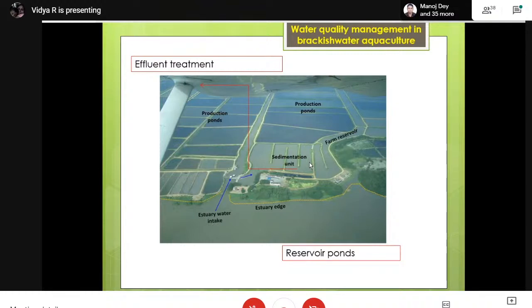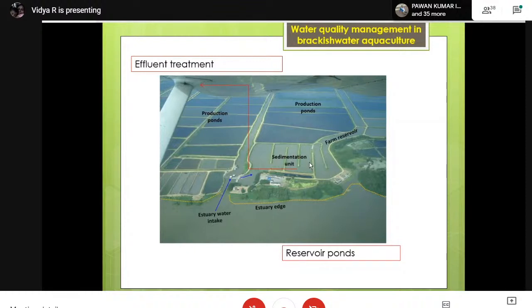Then from there, the clearer water will be taken to a reservoir that will feed the production units in the shrimp farms. In the reservoir pond, the water is given treatment, and only the treated water is taken to the production units.